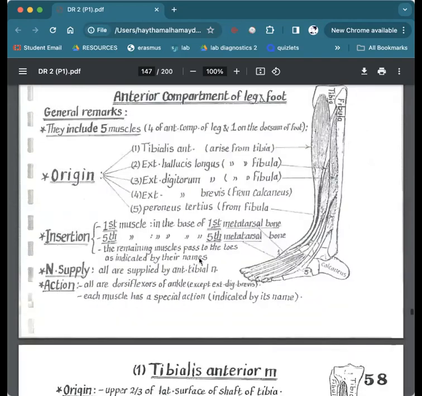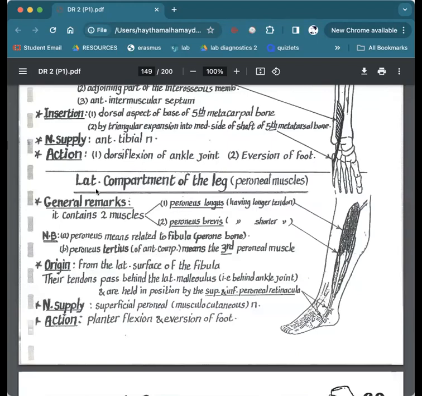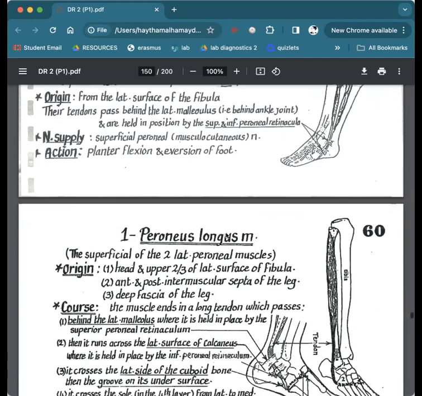It dives into each in details. Then we talked about the 2 muscles in the lateral compartment of the leg. They're called fibularis longus and fibularis brevis, or there's a different name called peroneus longus and peroneus brevis.